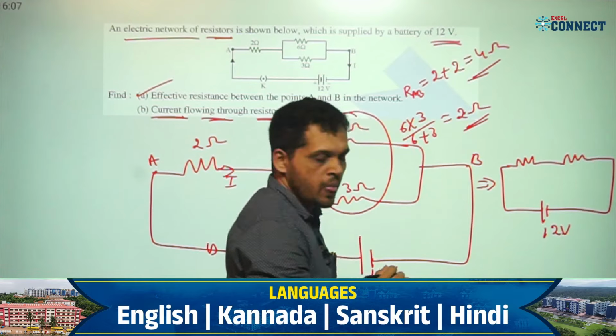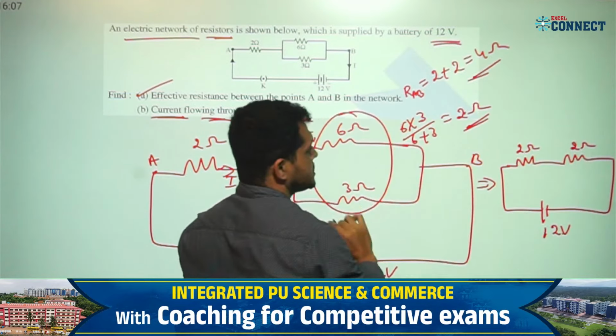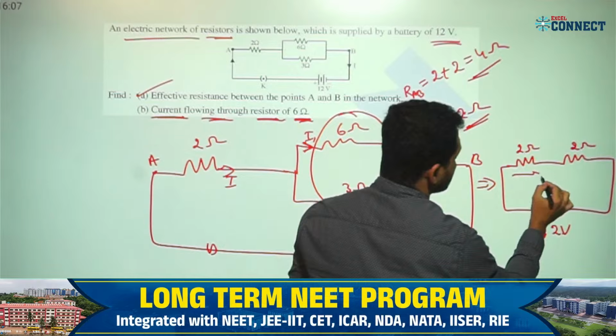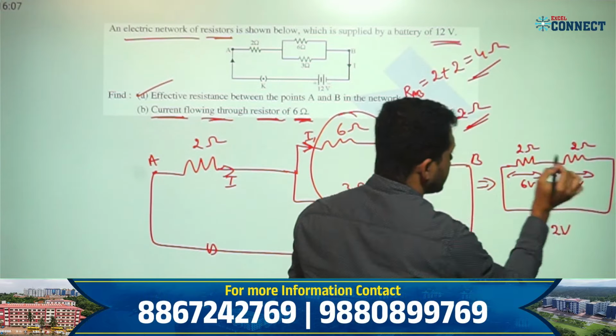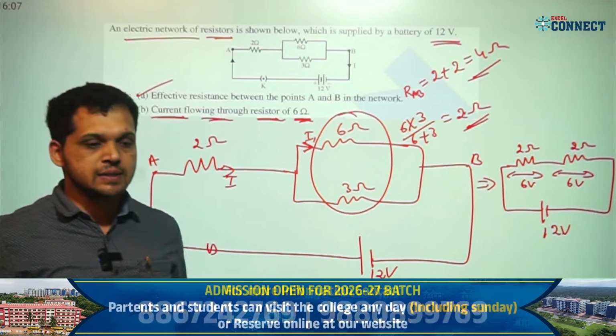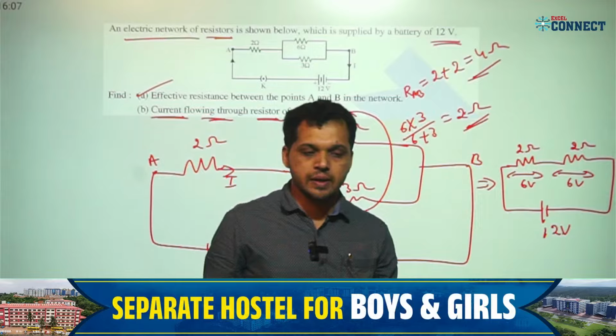Now what should be the voltage drop here? 6 volt, and here also 6 volt, right? Because identical resistors. Here 6 volt, here 6 volt, right?